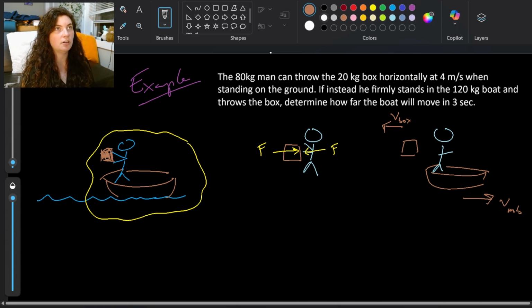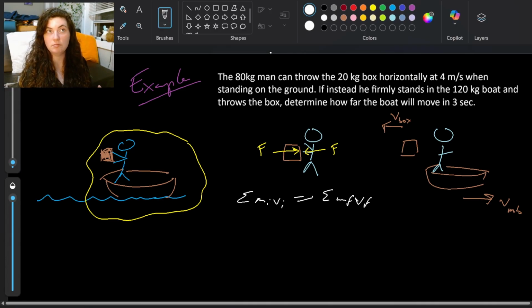So if we go ahead and start our setup, we're going to have the sum of our initial masses times initial velocities equal to the sum of our final masses and velocities. So our initial mass and velocity is just the man standing there with the box. Nobody's moving. We're just sitting there in the water. Nothing's happening. No initial velocities whatsoever. So 0. And then we're going to look at our final velocity. So we know we have that velocity of the box.